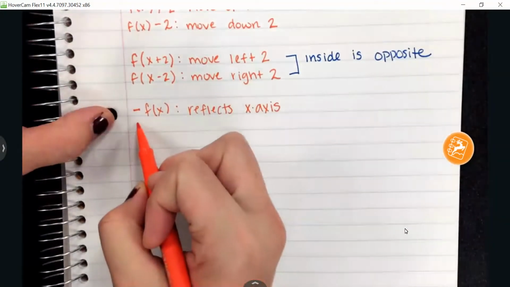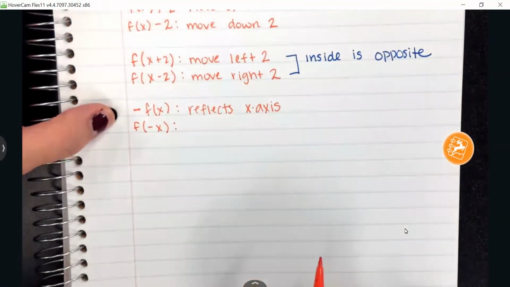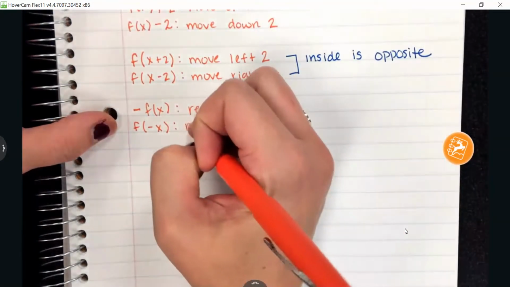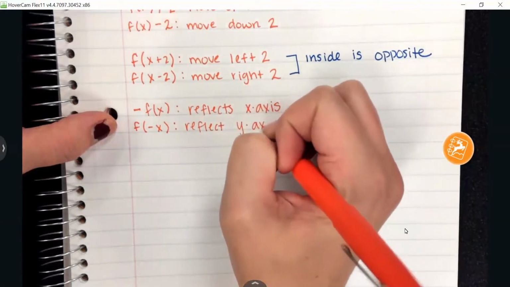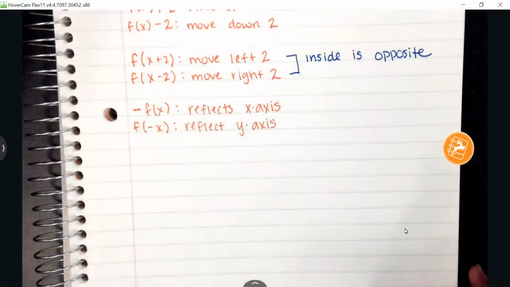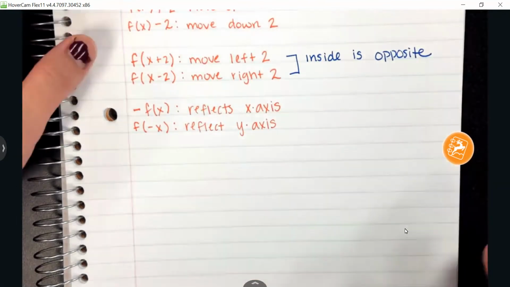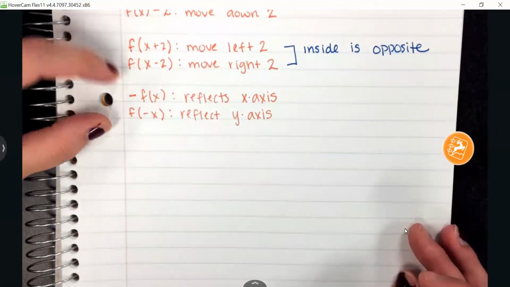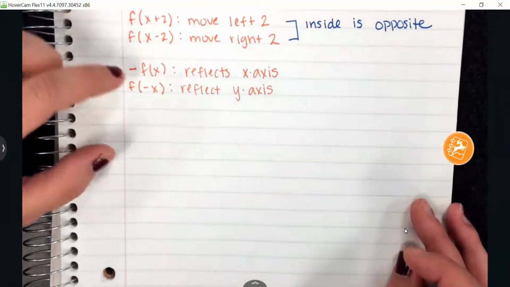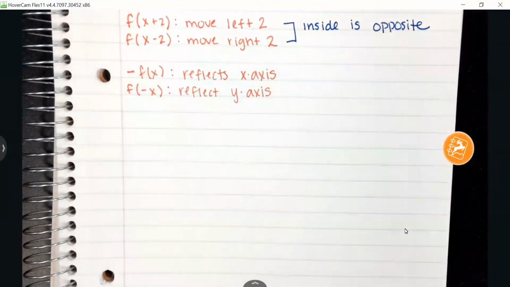So if I have my function and my negative is on the inside, it will reflect the y-axis. So we moved up, we moved down, we moved left, we moved right. We've reflect or flipped. It's flipping, okay?